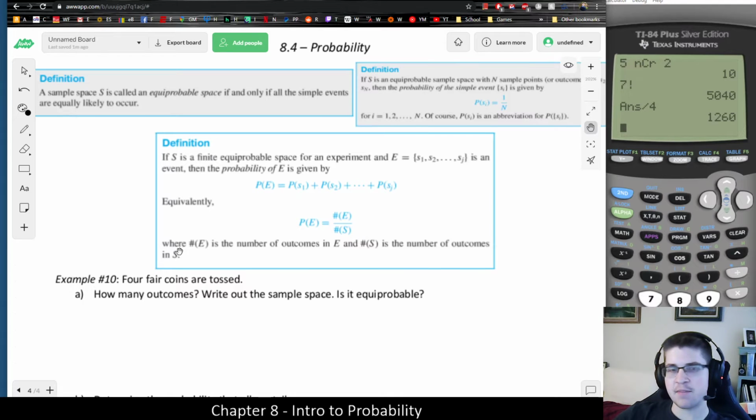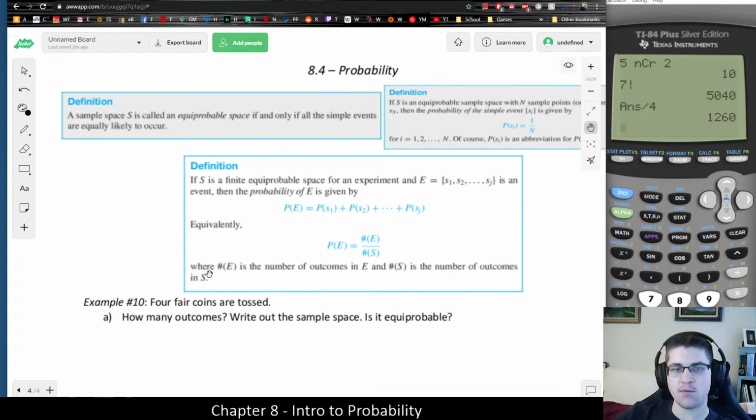But let's discuss some of the terms in 8.4. Also, I decided to skip 8.3 for our class because we're out of time, which is the second part on set union, set intersection, set complement, and basically set operations, which are actually quite important in the later chapters.